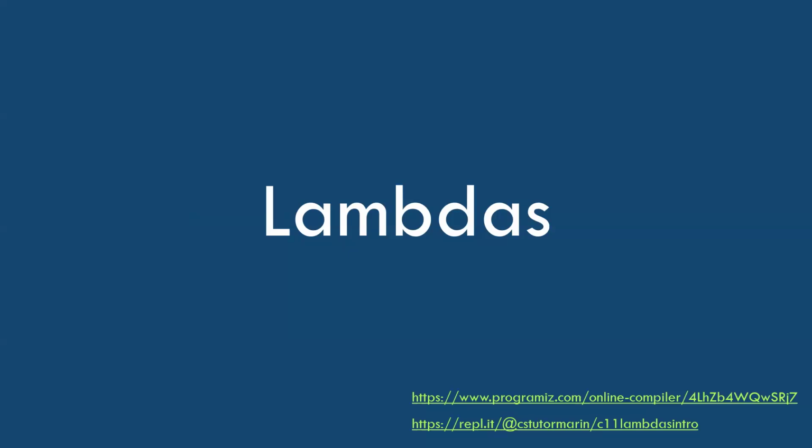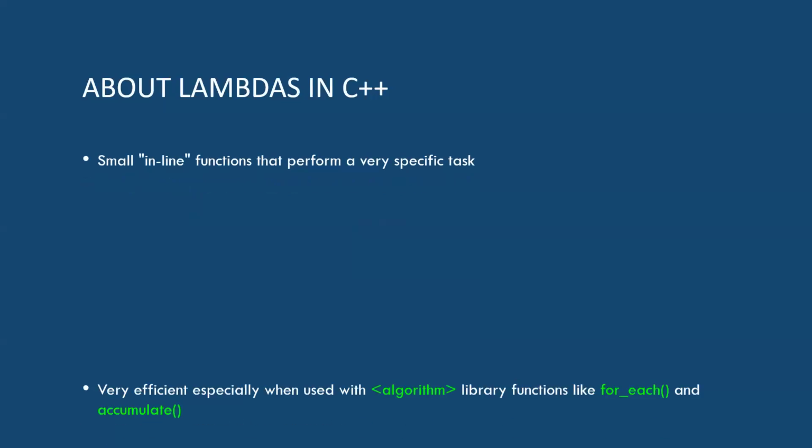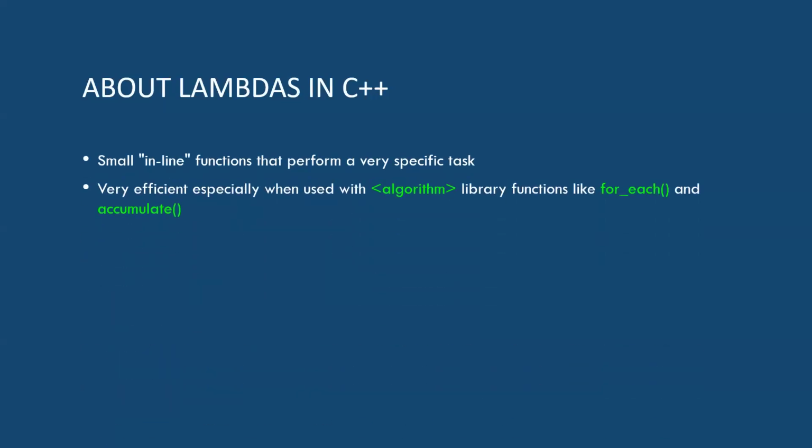So remember, our functors are instances of a class. Now in C++, rather than having all that messy work of writing the class and then calling the class, they decided to add what I sometimes refer to as syntactic sugar so that the compiler does a lot of that stuff for us.